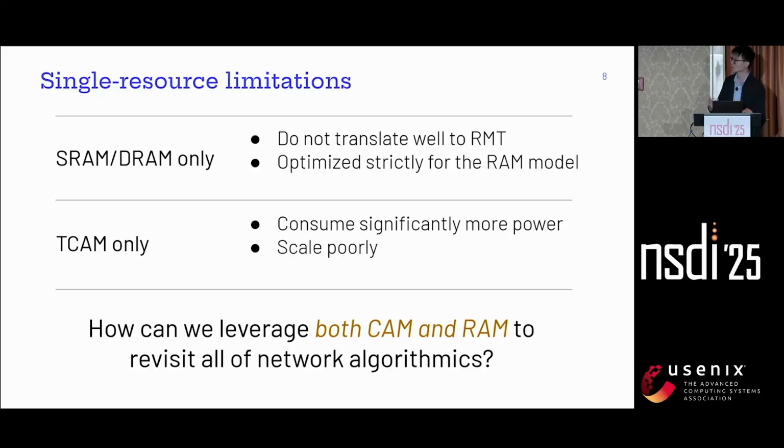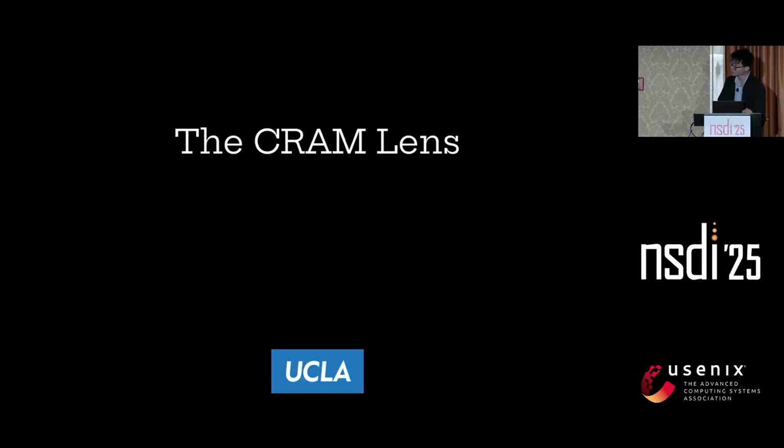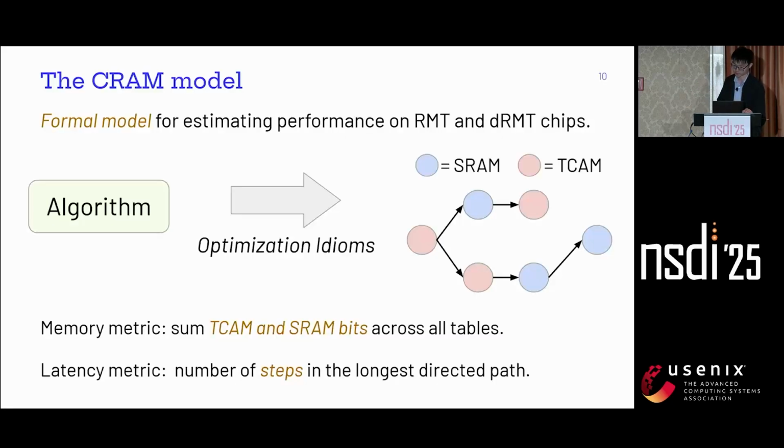So how can we leverage both the CAM and RAM that is available in these kinds of chips to revisit all of network algorithmics? So here we introduce the CRAM lens, and as a quick definition, the CRAM lens has two components. The CRAM model specifically refers to the formal model definition, or model representation of it, and it's accompanied by a set of 8 optimization idioms which really function as design guidelines.